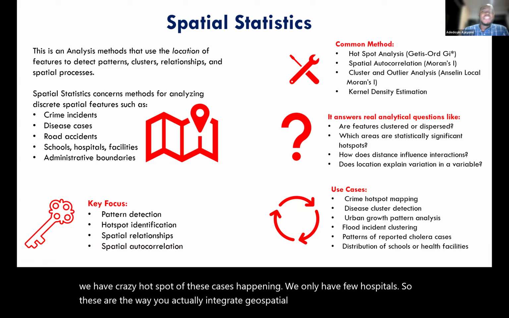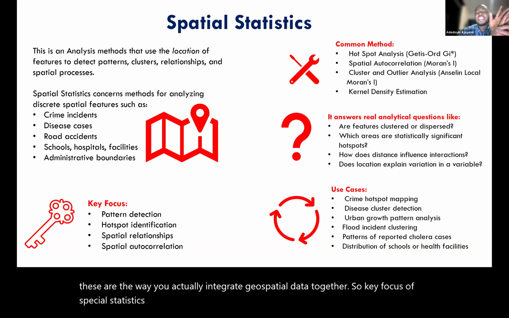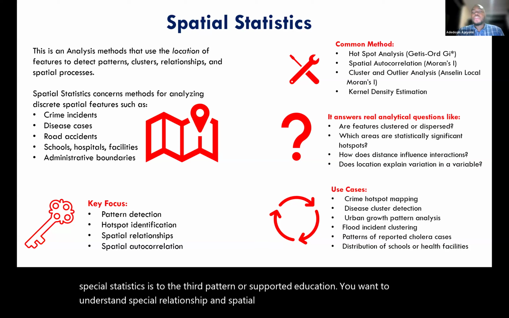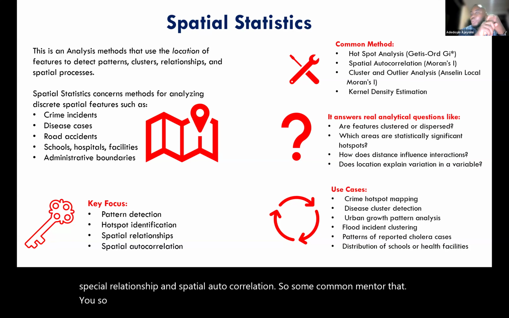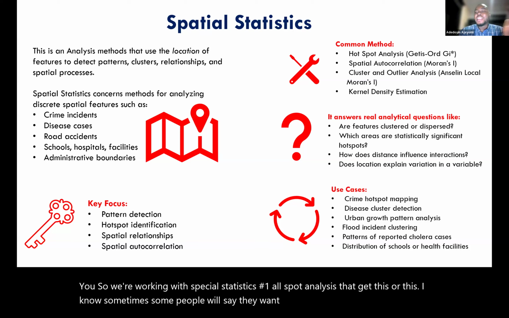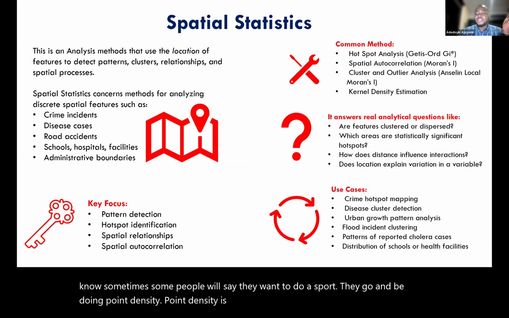So the key focus of spatial statistics is to detect patterns and identify hotspots. You want to understand spatial relationships and spatial autocorrelation. Some common methods we use when working with spatial statistics: number one, hotspot analysis. I know sometimes some people will say they want to do hotspot, and they will go and do point density. Point density is not really hotspot analysis, because there's no statistical result behind what you just ran.